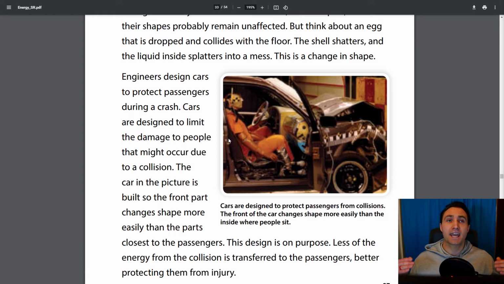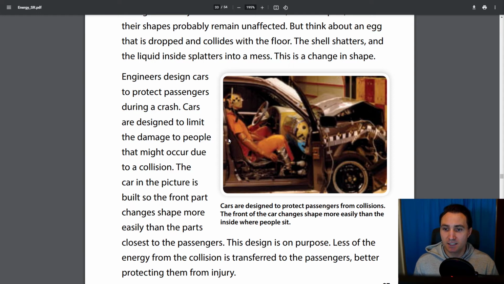So not only can collisions, two objects colliding, cause changes in energy being transferred, speed, motion, and direction, they can also cause changes of shape, depending on how hard they collide and depending on the materials or objects being collided.